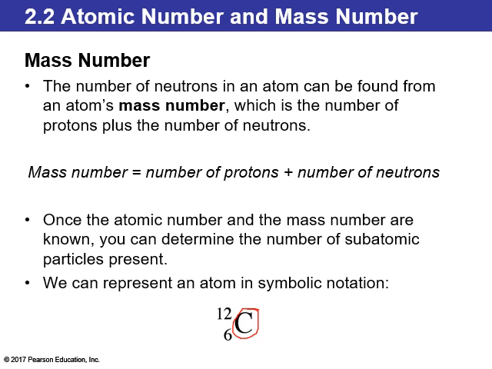When we write these atomic symbols, we'll put the symbol for the element, carbon, here. We put the atomic number in subscript at the bottom, and on the top we put the mass number, and the mass number tells us that this is in particular carbon 12. We could also write this in this way. My handwriting is just as bad electronically as it is in class.